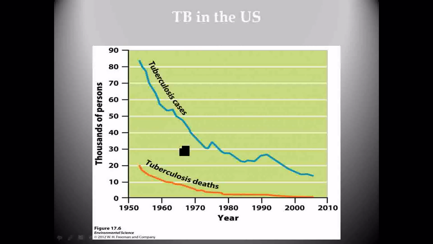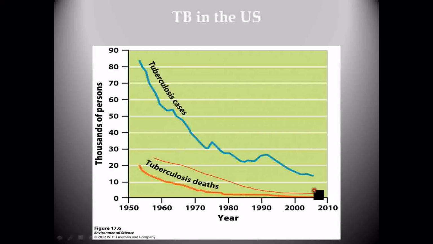Tuberculosis in the United States. Good news is we've done a pretty good job of controlling tuberculosis. It's very infectious, and like I said, that bacterium is rather hard to kill. So the number of cases is declining rapidly from the 50s and the 60s as we've gotten way better at diagnosing and treating it, and deaths are way down.